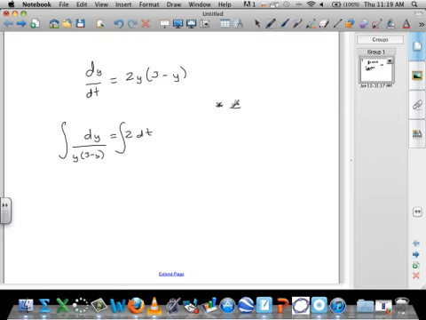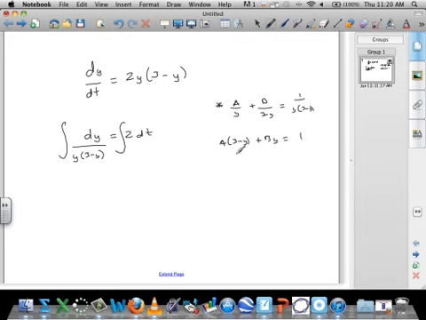So we have a over y plus b over (3 minus y) is going to be equal to 1 over that product, y times (3 minus y). Okay, so in the process of getting the common denominator, I'd end up with a times (3 minus y) plus b times y is equal to 1, if we just look at the numerators here.